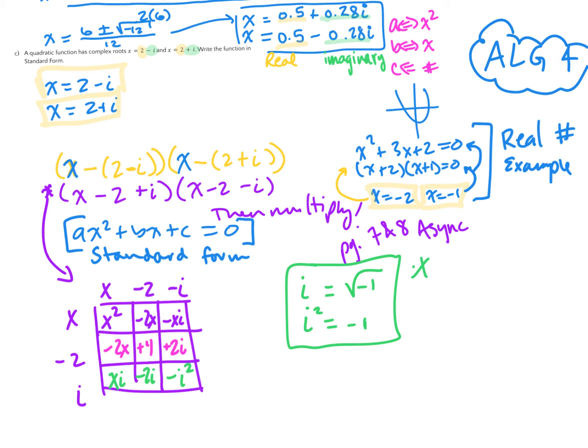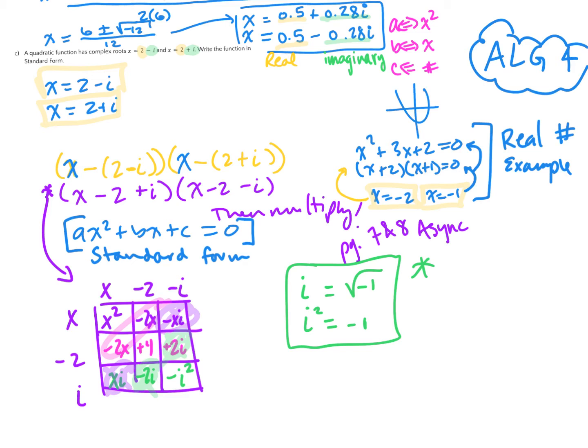So then let's do some combining like terms. Everyone loves like terms. Here are my x's. I have negative xi and positive xi, so those cancel out. And then I have plus 2i and negative 2i, so those also cancel out.